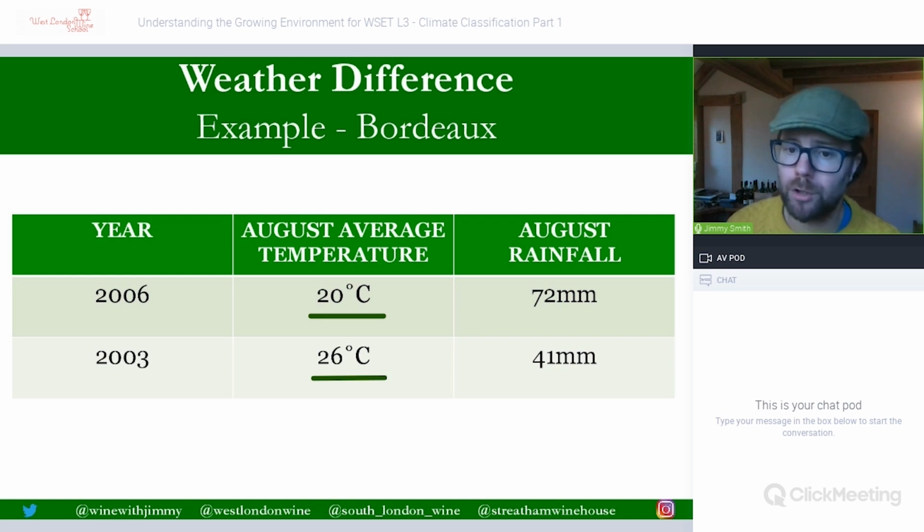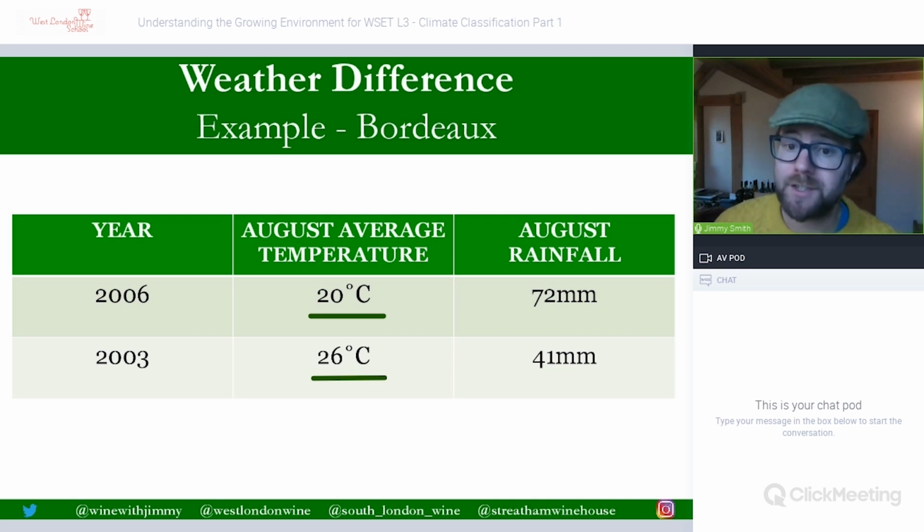And then you'll see the rainfall in August. Now, those numbers, some of you might look at those and go, well, they're still quite significant numbers. You must remember that Bordeaux is a maritime climate, and that means that it is affected by rainfall all year round. So it will have some significant numbers. Normally, an August average rainfall will be somewhere between 60 and 70 millimeters.